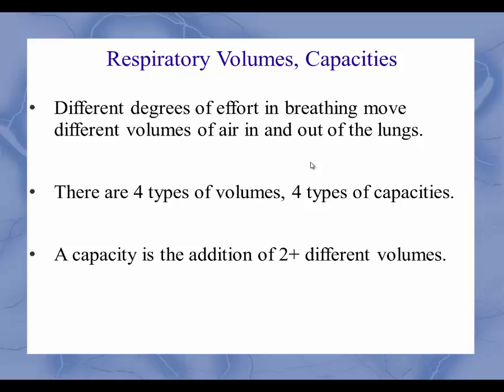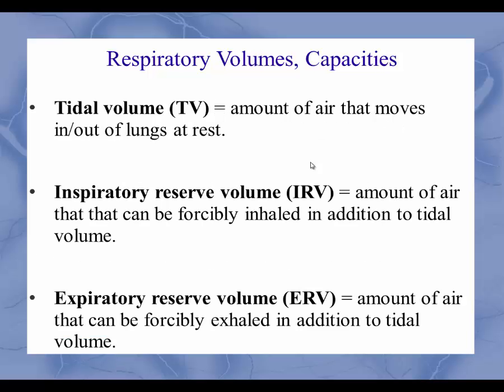These terms are fairly long and fairly confusing, and hopefully I'll explain them as clearly as I can. They also have their own abbreviations, which is perfectly fine to use, just like when we talked about the hormones in the endocrine system, it's perfectly fine to use the acronyms as opposed to the full term. Alright, the first one, tidal volume, or TV.